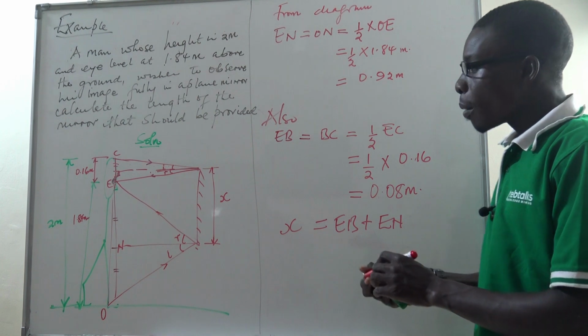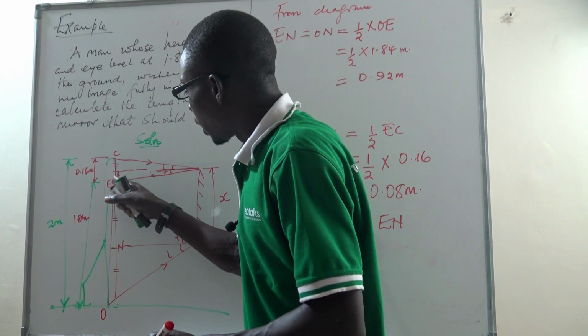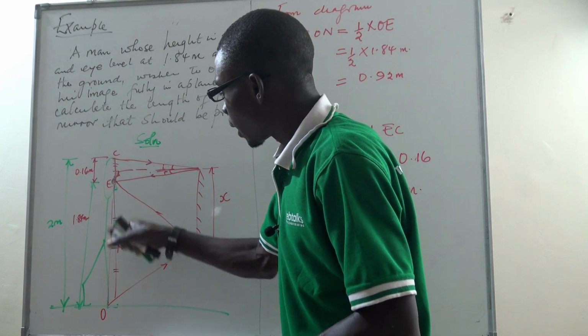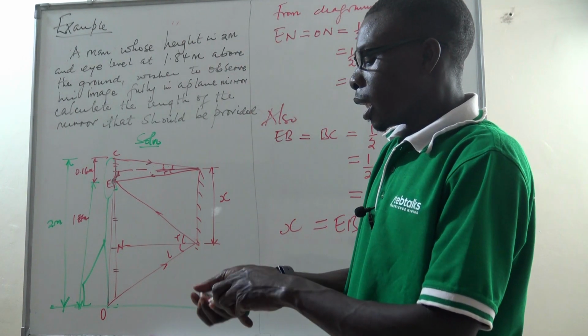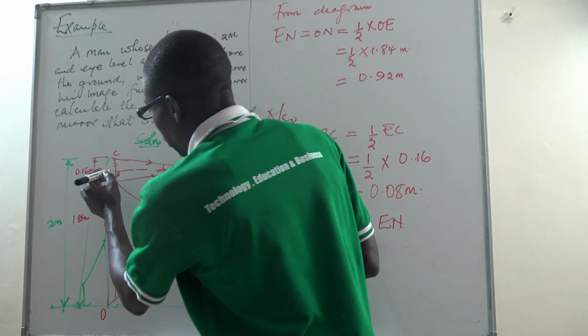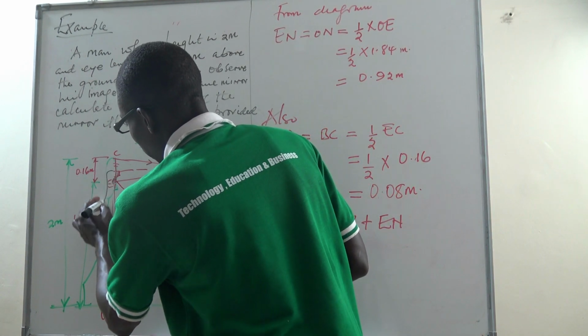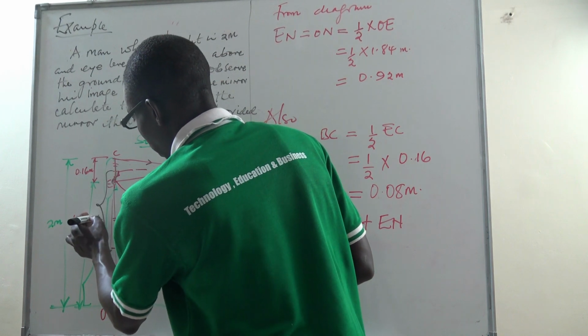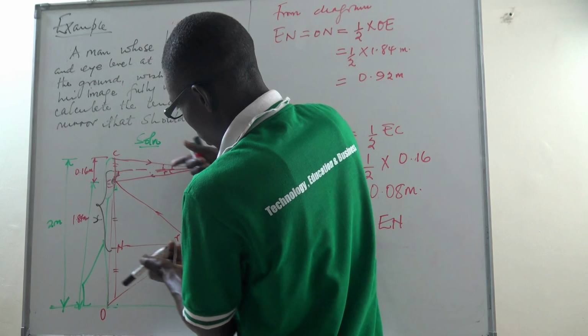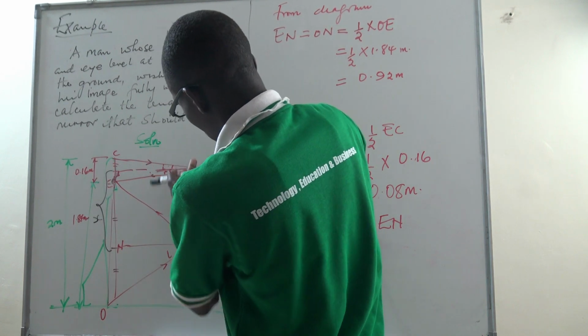The length of our mirror here, X here, is the same as this distance and this. That is representing this length here. And that is the X we are talking about. If you look at that, and then look at this here, if I add that plus that will be our X.